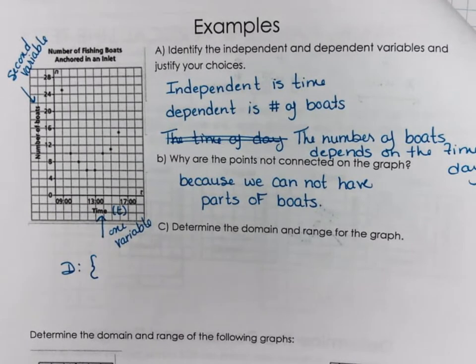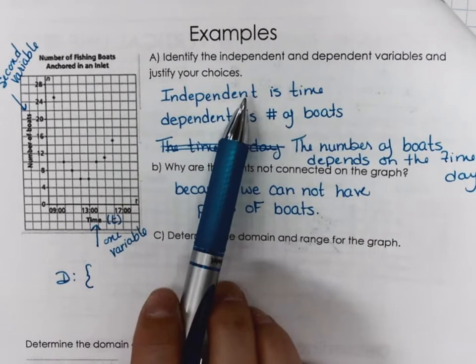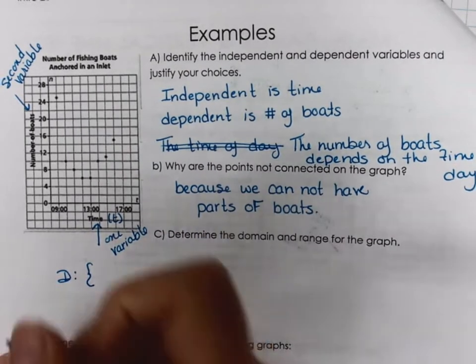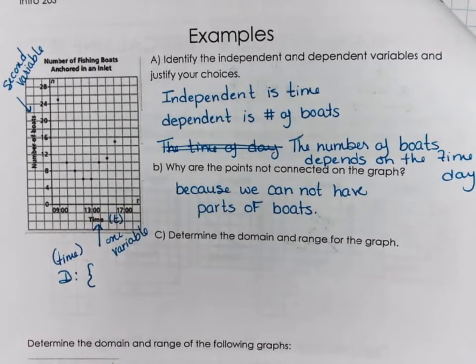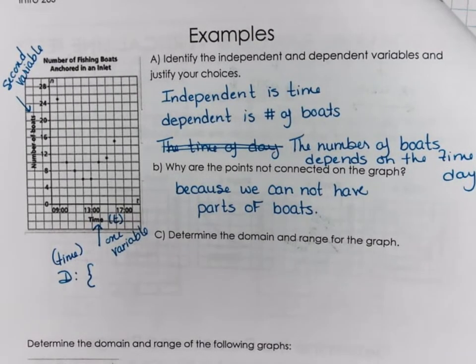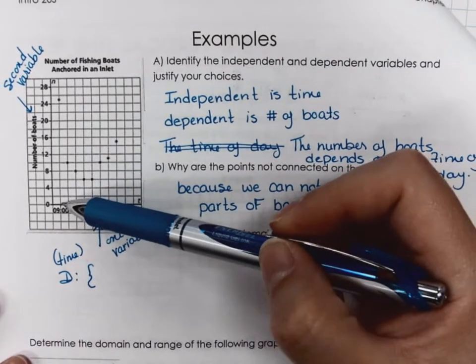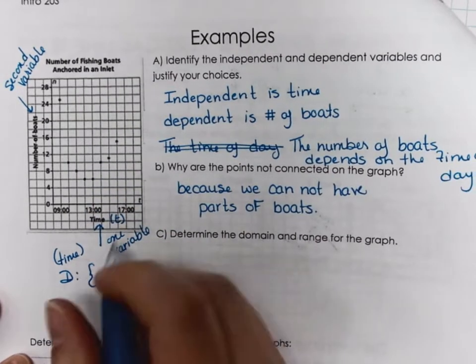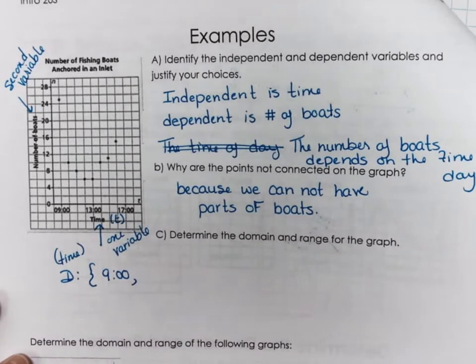All right. So what is on the domain? Domain is, you guys told me my independent was time. So my domain is time. All right. So let's start at our earliest time. What's our earliest time? 9 a.m. What's our next time?